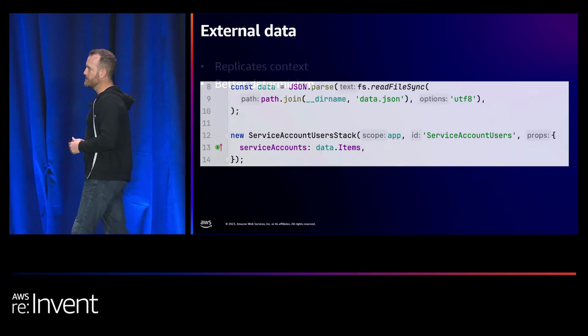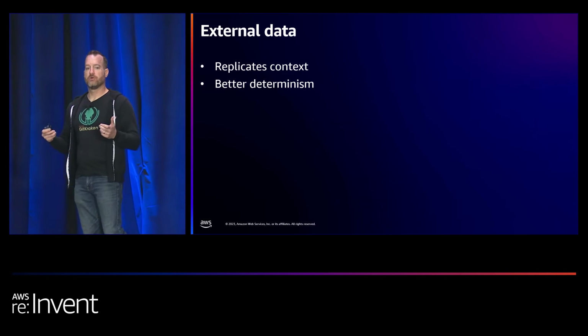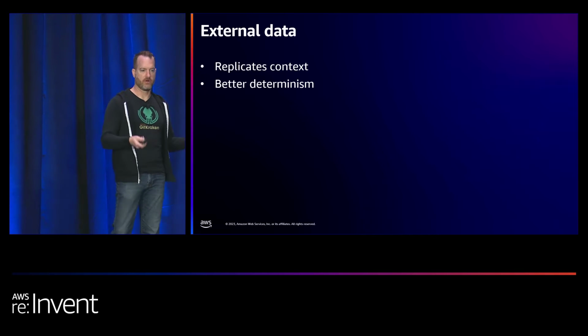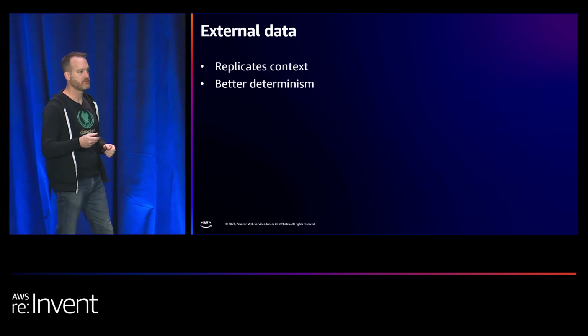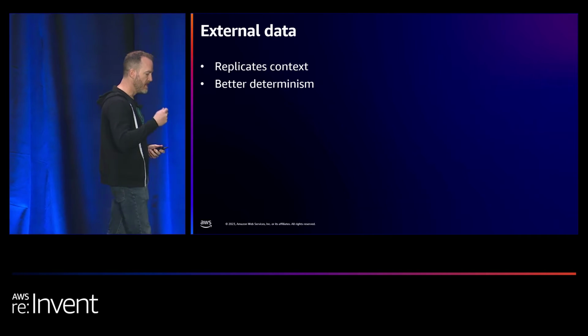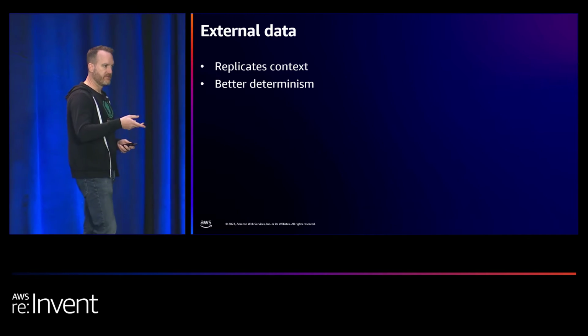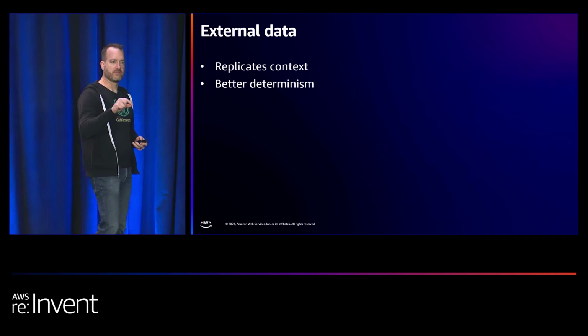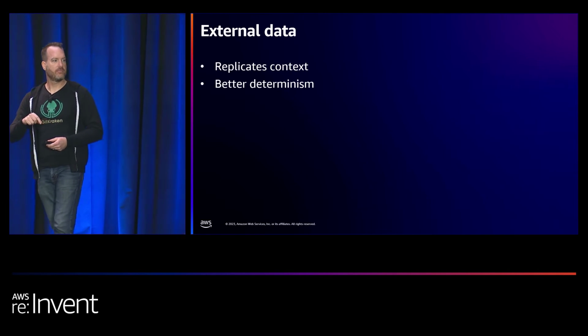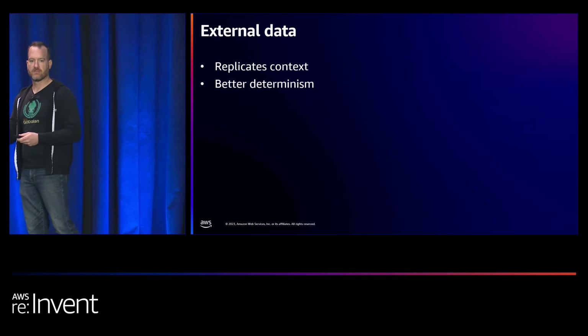It still fundamentally does very similar things. But the main advantage to this is now my inputs are actually visible within my code repository. I know what they are. They're part of the PR review process. And this actually replicates what the context API within the CDK does itself. So if you've ever used the imports, the .from whatever, so a VPC.fromLookup in your CDK code, that's using the context API.